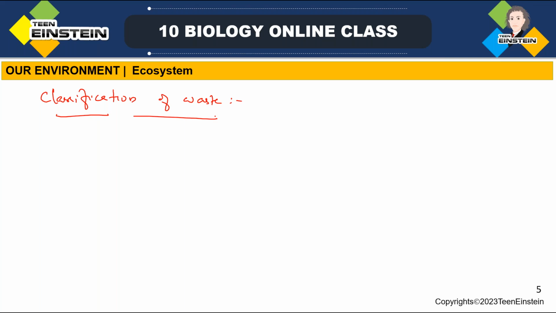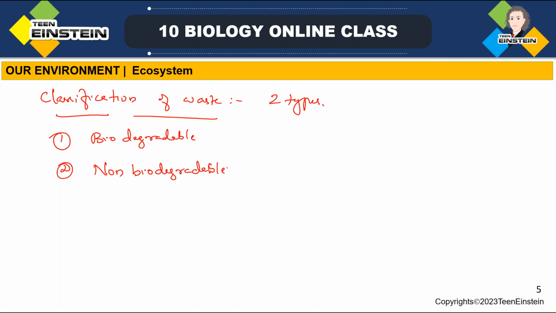Waste is classified into two types: biodegradable waste and non-biodegradable waste.